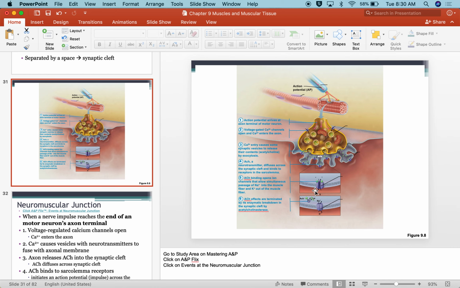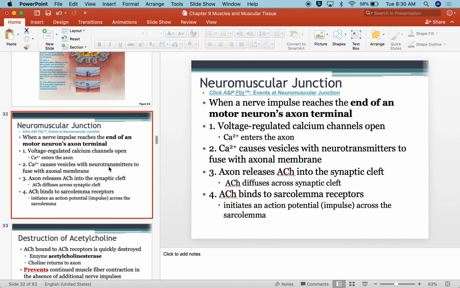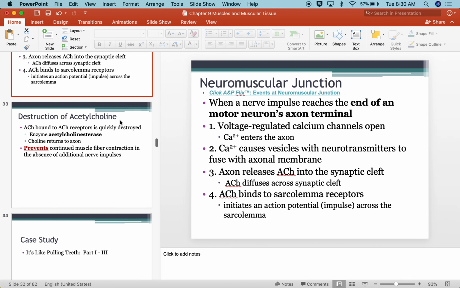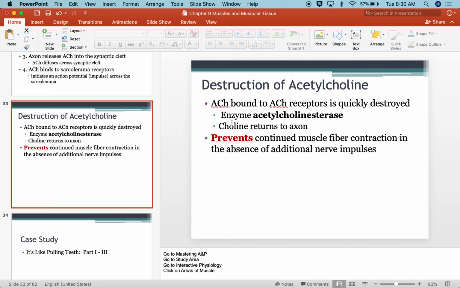We don't want tetanus, where your muscles are in a constant state of contraction. These are the steps that I just laid out for you in a video. Please take some time to watch that so it's a little more dynamic for you. Again, the acetylcholine is destroyed by acetylcholinesterase, and the choline will return back into the axon to be recycled. This just prevents muscle fibers from being in a constant state of contraction.